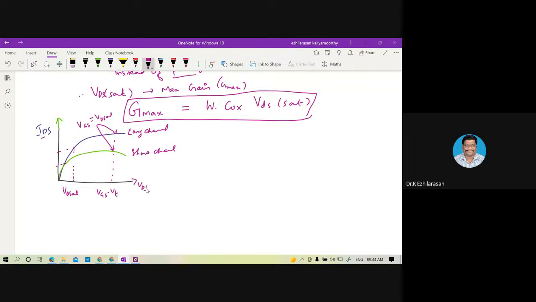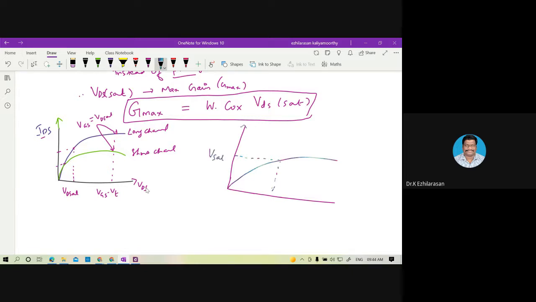At the same time, I'll show one more graph. See this? Here I will say the maximum velocity. This one is V sat, right?